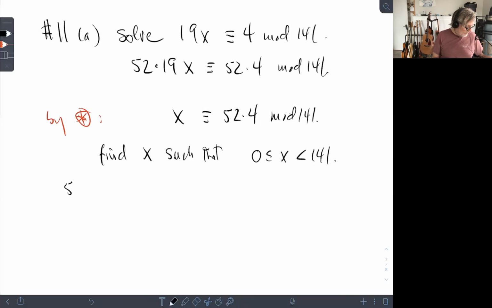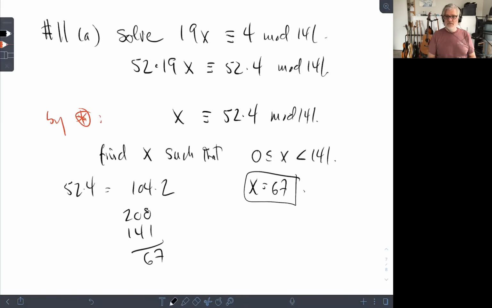So 52 times 4, well, I don't see much of a shortcut here. So that's 104 times 2. We could go to negatives, but what the hell? That's 208, and I'll just subtract 141. That's 67.